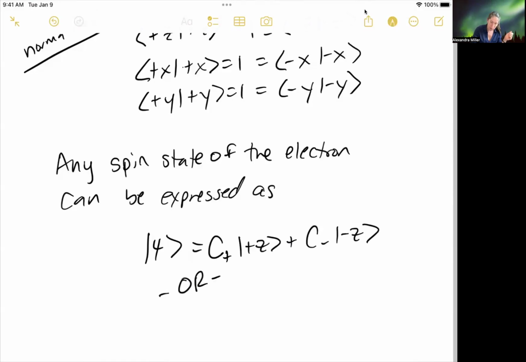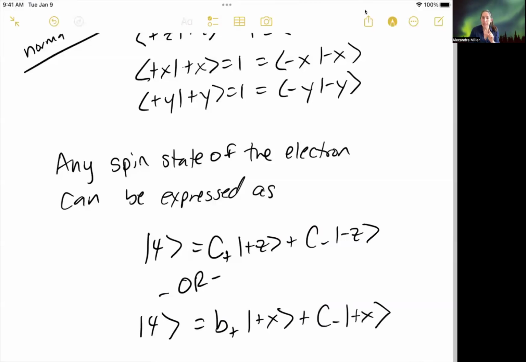Or we can say, I don't care so much about the z direction. I'm more interested in the x direction. This same state can be written as a superposition over the x direction. Right? These can be the exact same. Oh, this should be a b here. The same state can be represented in different ways.